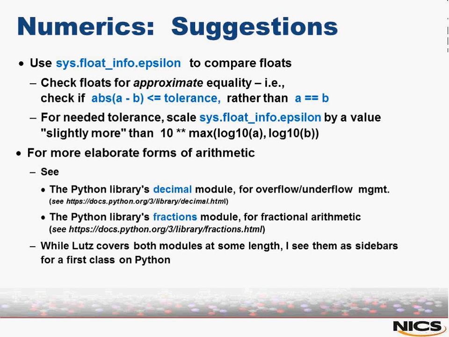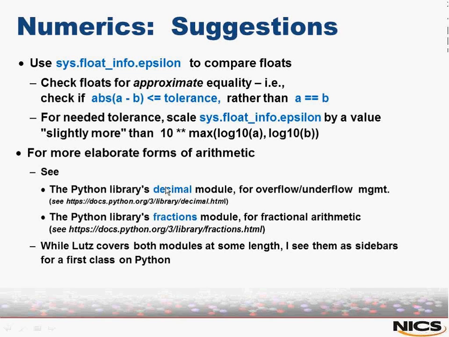You would have to do some computation on the side or use a special module. There are a couple of modules in the standard library. There's one called Decimal that apparently does explicitly manage underflow.